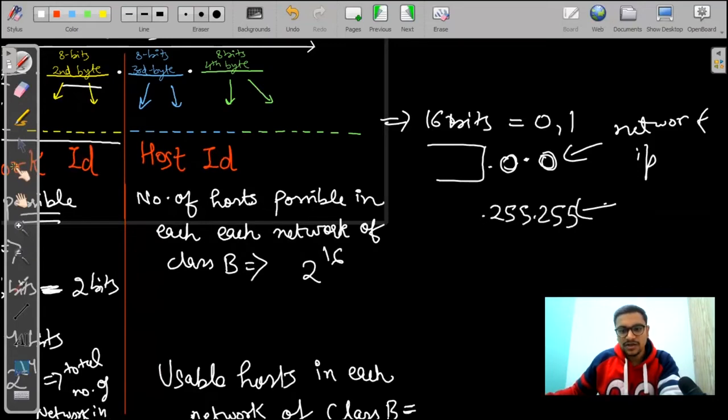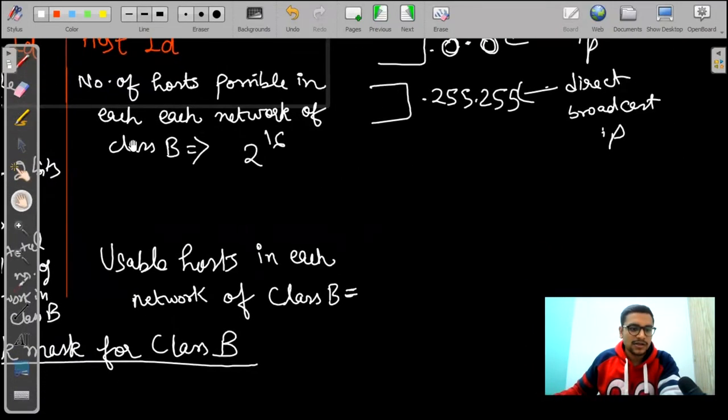So if we see it like that, the total number of usable hosts that I can use in each network of class B is 2 to the power 16 minus 2.